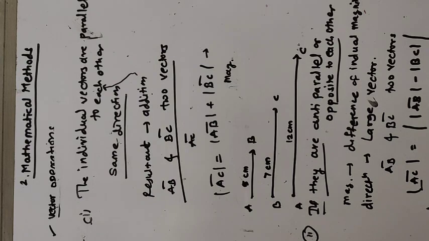BC is subtracted from AB. Then the resultant has the direction of the larger vector, that is AC, with magnitude 8 Newton. The magnitude of the resultant is the difference of the individual magnitudes, that is 13 minus 5 is 8 Newton, and the direction is that of the larger vector. This is the addition of two individual vectors which are parallel and anti-parallel to each other.